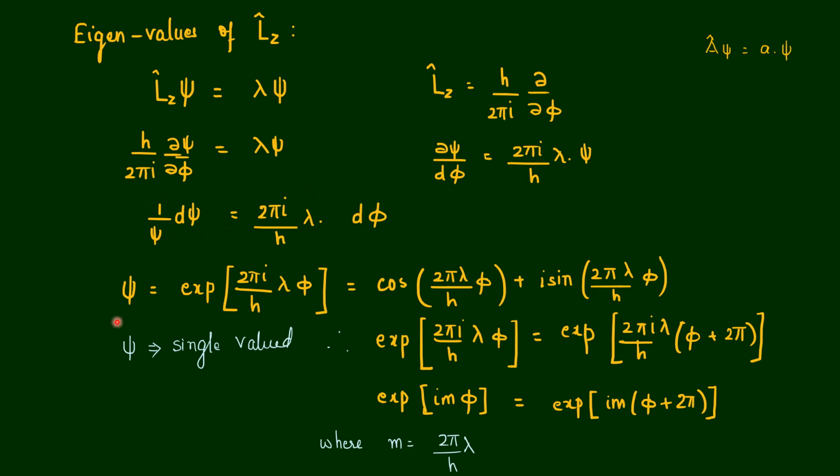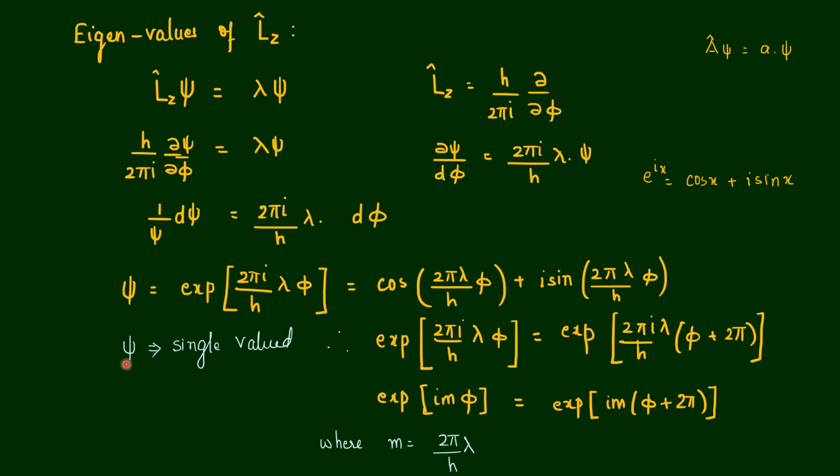We will get the solution psi is equal to exponential of 2 pi iota upon h lambda phi. We know that an exponential of this form can also be written as cos x plus i sin x. So you can write it either way, either in this form or in this form.